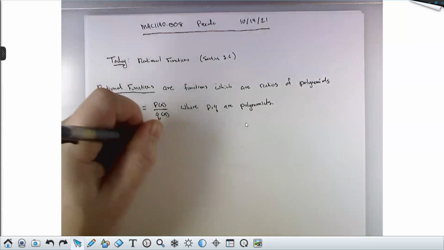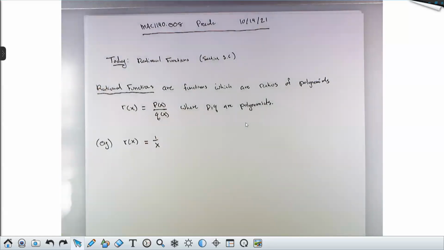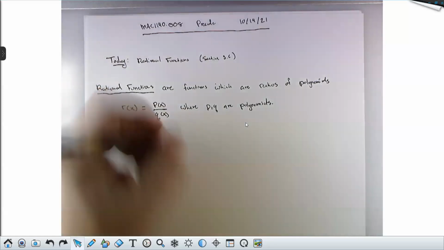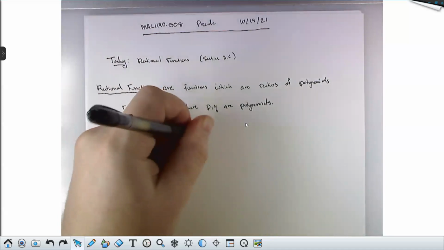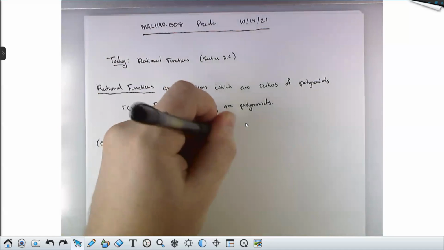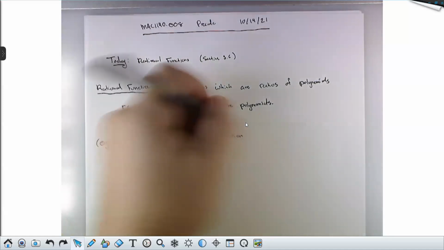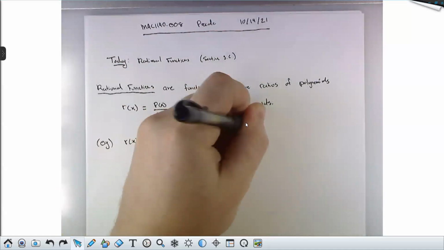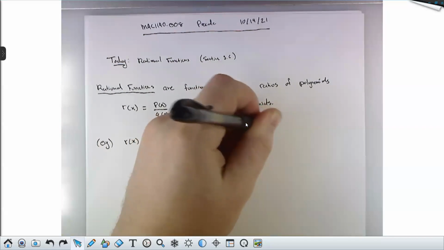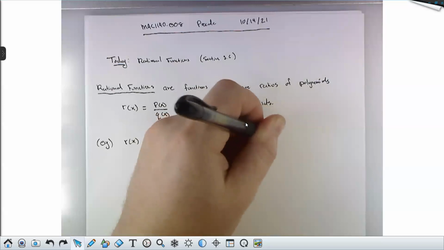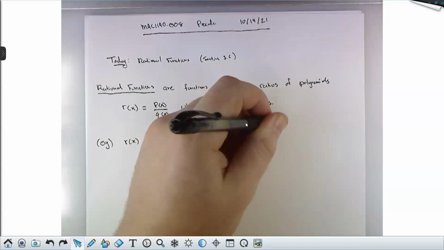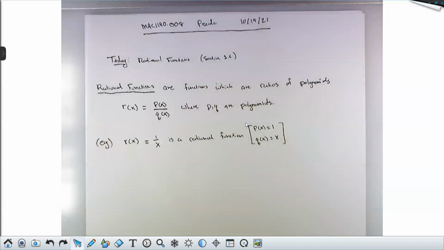But the simplest one is 1 over x. This is a rational function. The numerator, p of x, is the constant function 1, and the denominator, q of x, is the linear polynomial, just x.